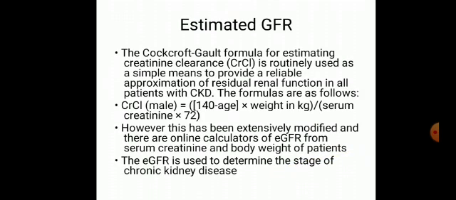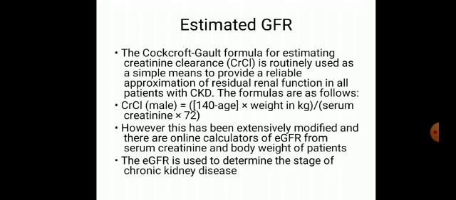Estimated GFR. The Cockcroft-Gault formula for estimating creatinine clearance is routinely used as a simple means to provide a reliable approximation of residual renal function in all patients with chronic kidney disease. The formula for males is creatinine clearance equals 140 minus age, multiplied by weight in kilogram, divided by serum creatinine multiplied by 72.